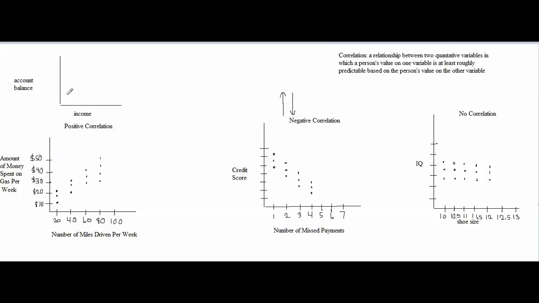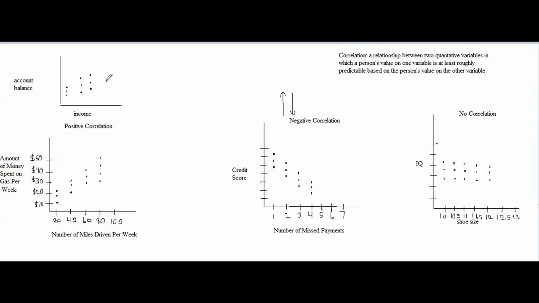So let's look at what this type of scatter plot might look like if we recorded the data. We might see a positive correlation in the scatter plot in which people tend to have more money saved when they have higher incomes.